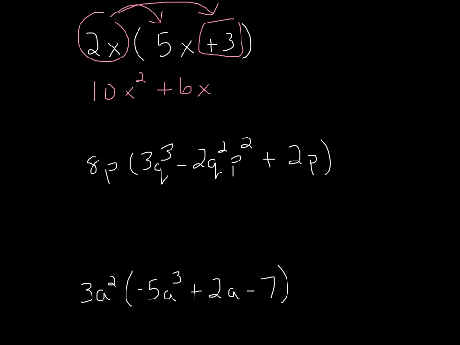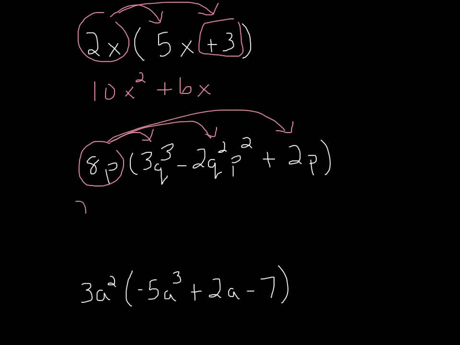All right, so the next one, we're going to take our 8p, and we're going to multiply it times each term. Okay, and remember, terms are separated by a plus or a minus sign. So we have 8p times 3q to the third.